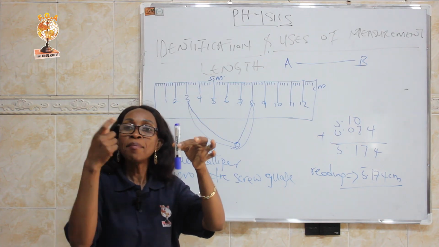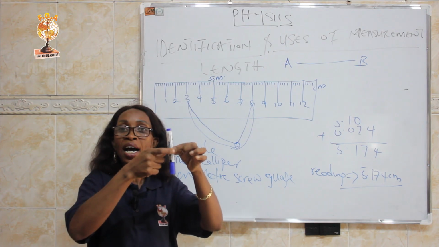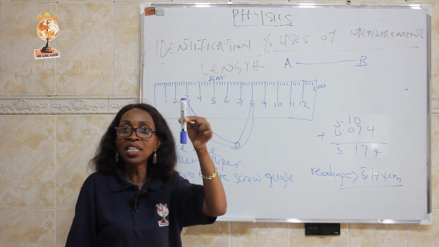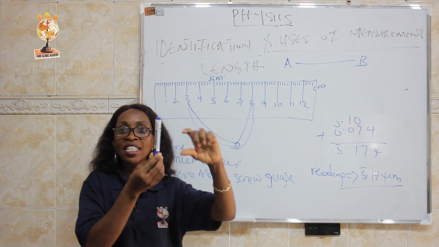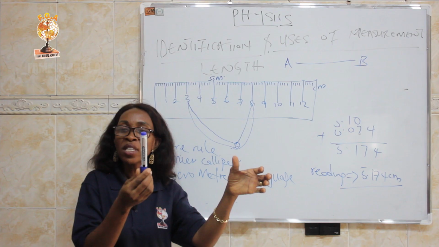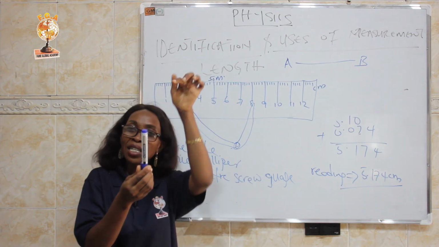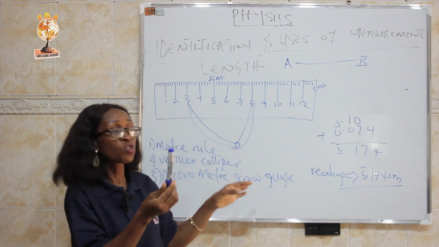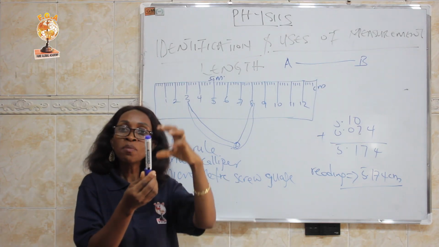I place my micrometer screw gauge on the marker, then make sure it is properly tight to hook it, so that without me holding the marker, it could stand on its own firm. It has two scales, the main scale and the vernier scale, so you are able to check the reading.